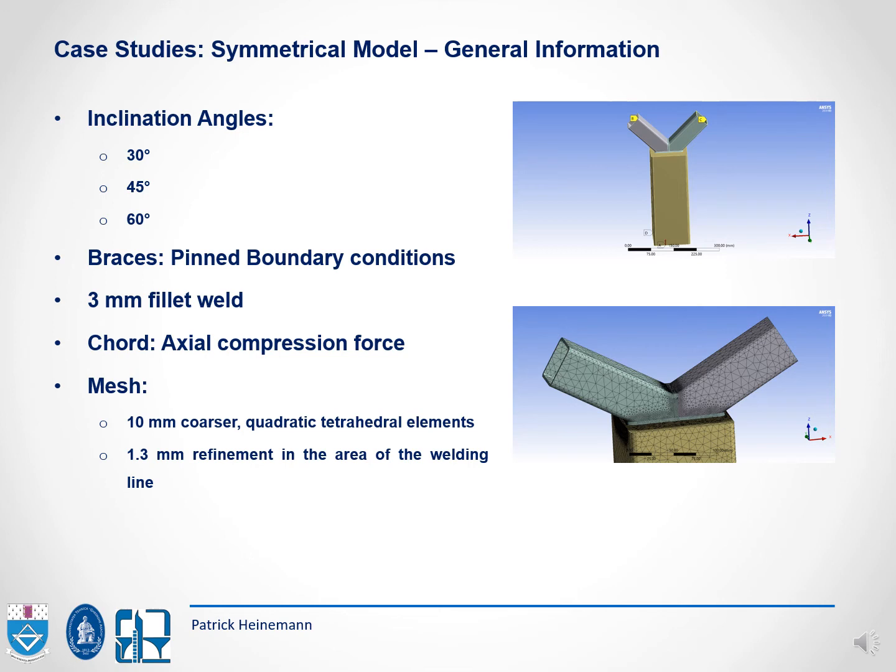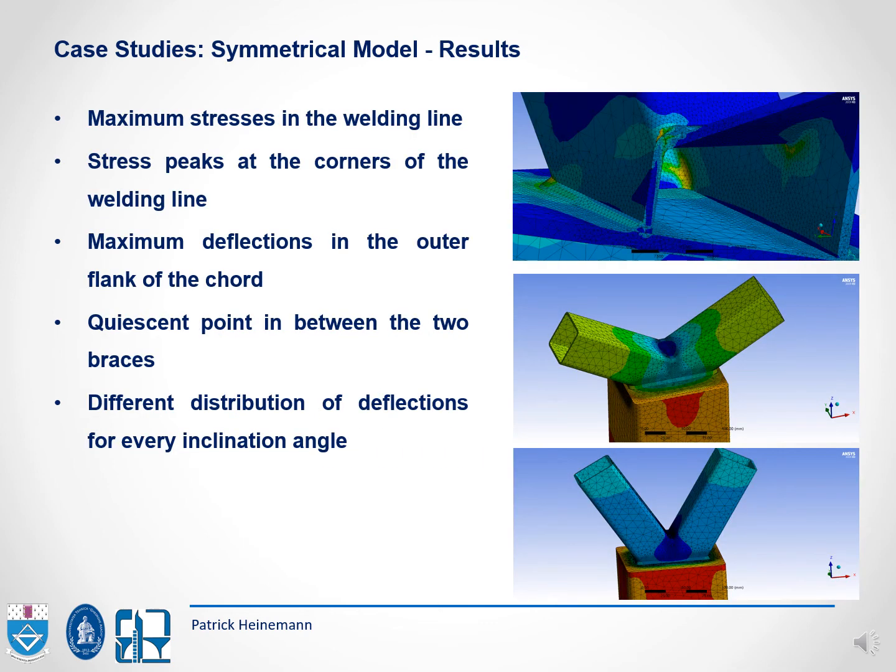For the mesh, a coarser 10 mm mesh is chosen with a quadratic tetrahedral element. Around the welding line there's a 1.3 mm refinement, and you can see it on the right hand side. Looking at the results, you can see that the maximum von Mises stresses arise in the welding line, and especially in the corners you can see some stress peaks.